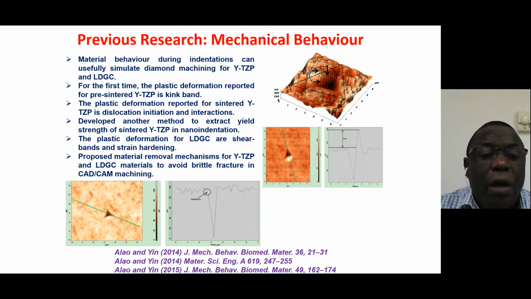Now, these are my research outputs. One of them is that, in the field of plastic deformation, there are various types of plastic deformation. For metallic materials, the mode of plastic deformation is by dislocation initiation and motion.